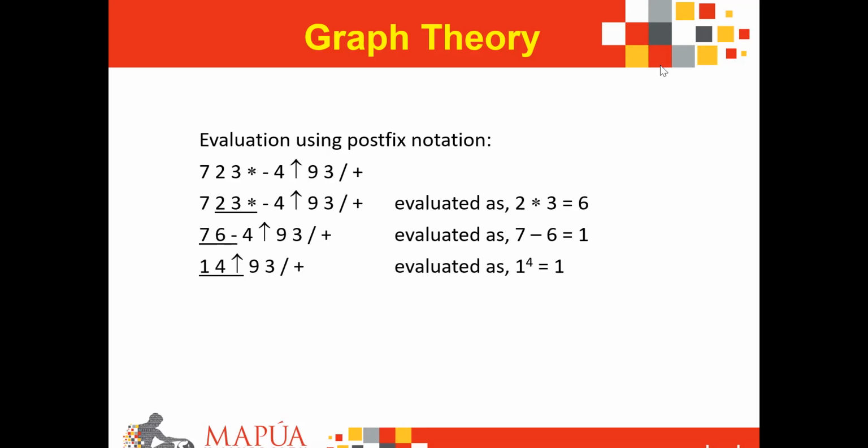And if you replace all three characters with 1, the next operator would be raised to. When applied to your given children, you'd end up with 1 raised to 4, which eventually has a corresponding value of 1. And if you replace all three characters with 1, you'd end up with the next operator to be a division applied on its children 9 and 3, interpreted to be 9 divided by 3 with a corresponding quotient of 3.